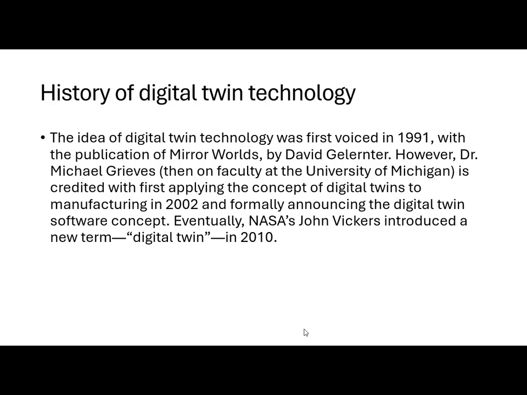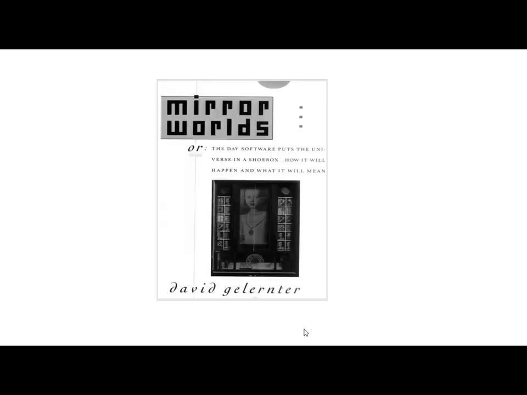Eventually, NASA's John Vickers produced the new term digital twin in 2010. It starts in 1991 and the expression is coined in 2010. This is the front page of the book, and I like to read the subtitle: Mirror Worlds, or the Day Software Puts the Universe in a Shoebox. How it will happen and what it will mean, by David Gelernter.